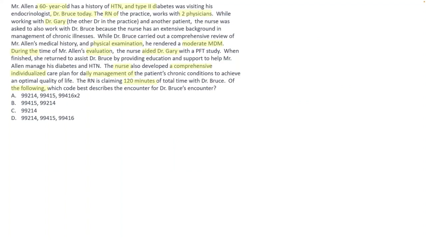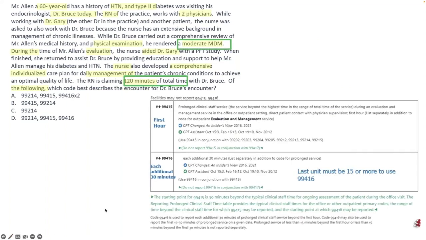Take a look. All right, so we know we can code 1 unit of 99415 and only 1 unit of 99416, because we have 5 minutes remaining, right? It only goes up to 115. 5 minutes remaining. And we can't code that additional because the last unit must be 15 or more.